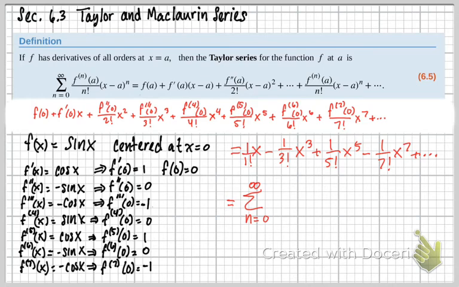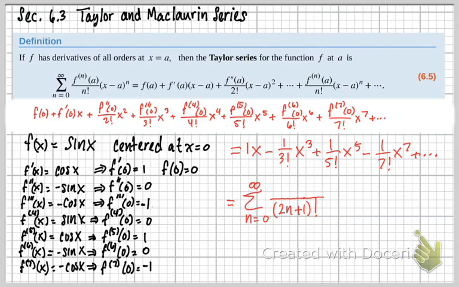So the bottom is an odd number factorial. And how do we think of odd numbers? Remember, the first thing I'm plugging in is 0. So maybe I can put in a 2n plus 1 factorial. Let's see if that gives it to us.